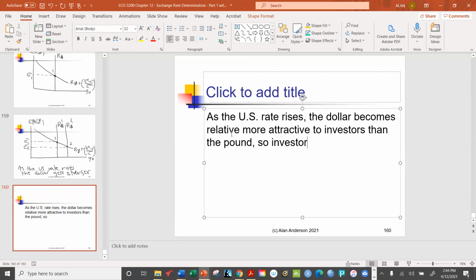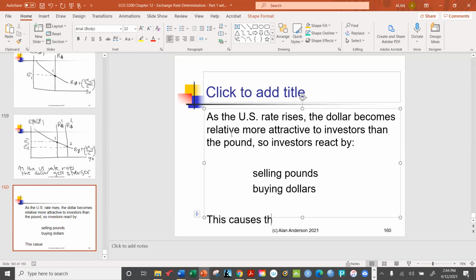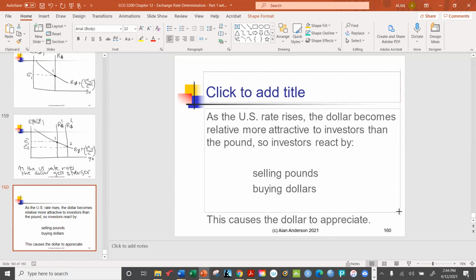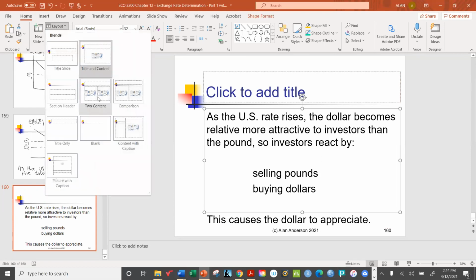So investors react by selling pounds, buying dollars. And this causes the dollar to appreciate. It's just that simple, okay? Suddenly the demand for dollars is stronger. People want to buy more dollars. They want to sell off their pounds. And there you go. You've got a stronger dollar.